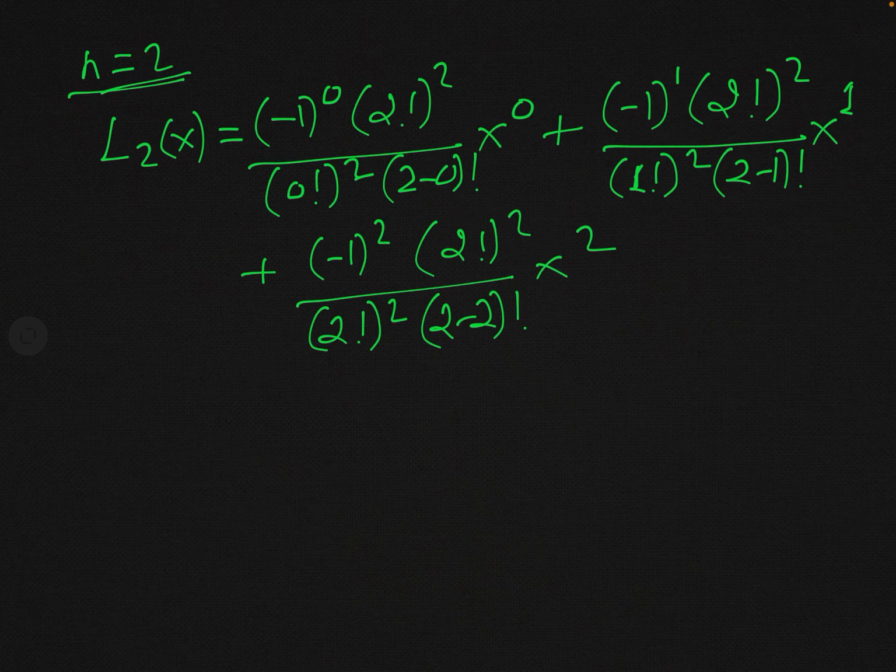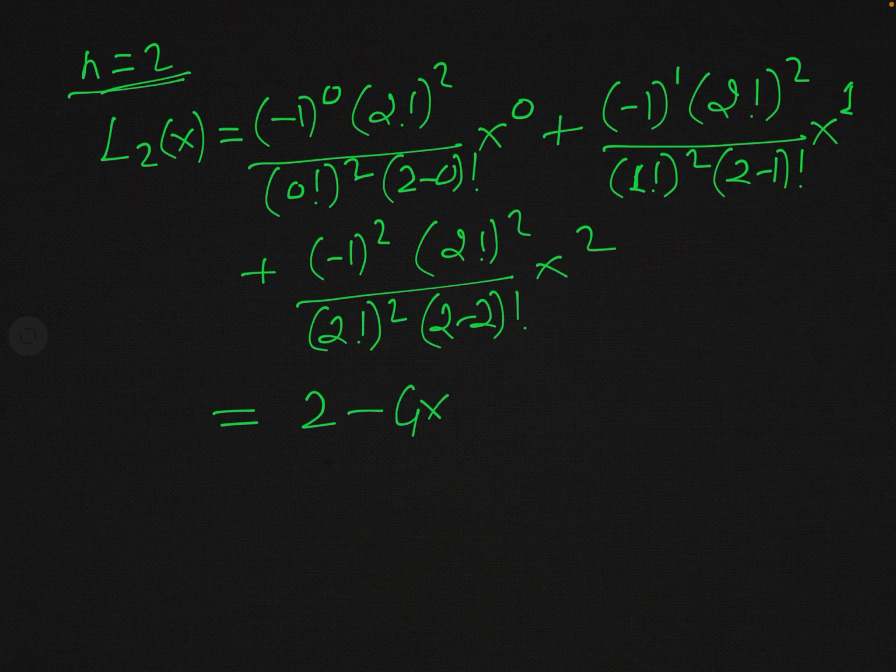K is now 2. So you can see in the first term, minus 1 raised to the power 0 is 1. 2 factorial square by 2 factorial, so this will be simply 2. This is in fact 2. And minus 1 raised to the power 1, so this will be simply minus 1. And 2 factorial square over 1 factorial, that is in fact 1. So this will be 4x.